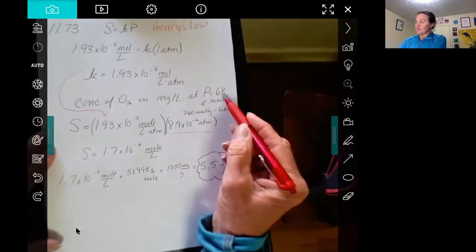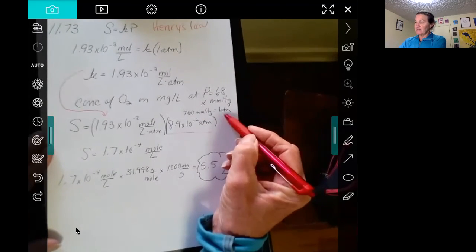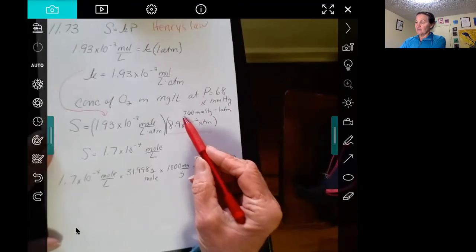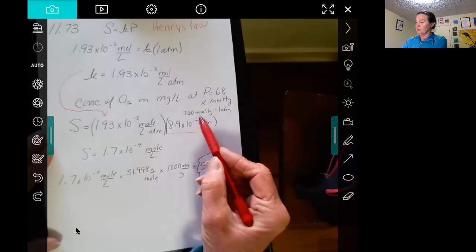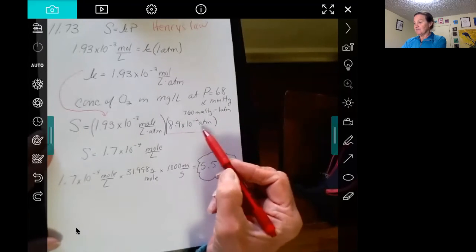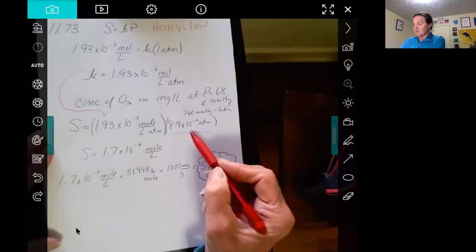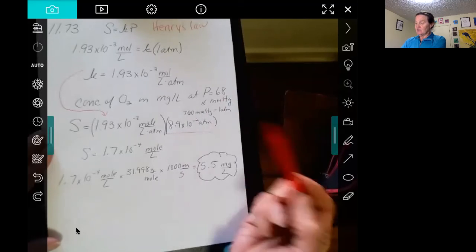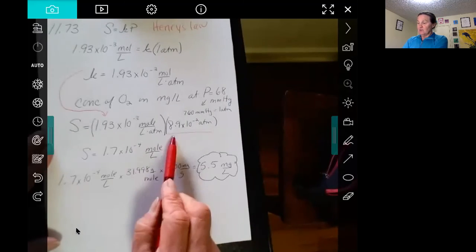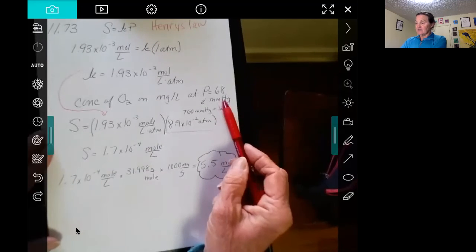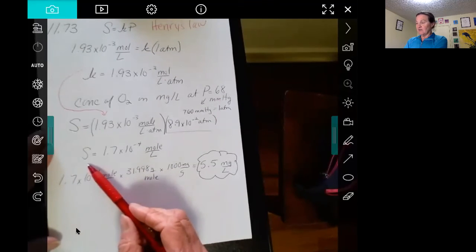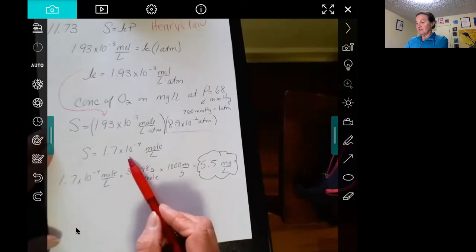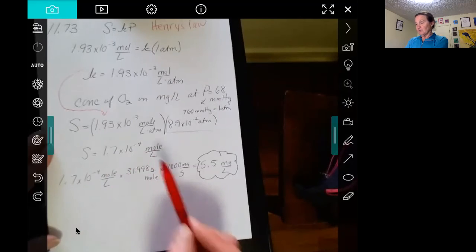If I convert 68 millimeters of mercury to atm with the conversion factor that there are 760 millimeters of mercury in 1 atm, then I get 8.9 times 10 to the minus 2. I only have 2 sig figs. And so I can calculate that at this lower pressure, the solubility of oxygen will be 1.7 times 10 to the minus 4 moles per liter.